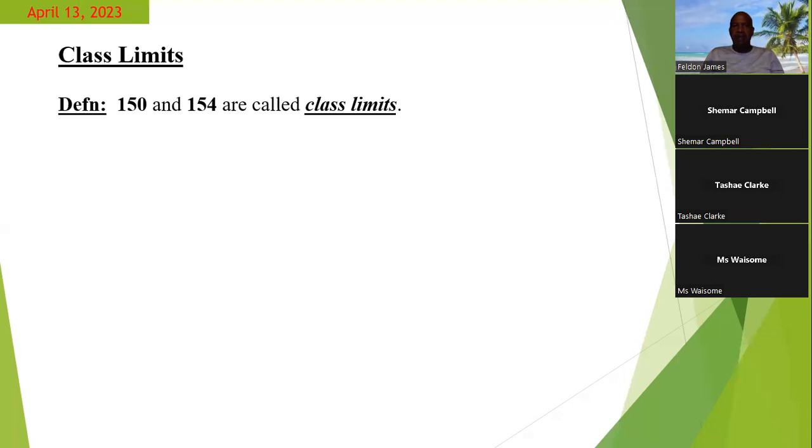But the class midpoint, sir, you add the lower class limit and the upper class limit, and then divide by 2 to get the class midpoint. How would you do the width again, sir? The class width, you subtract the lower class boundary from the upper class boundary of that class. Right, so that means, sir, okay, right. Okay, sir.